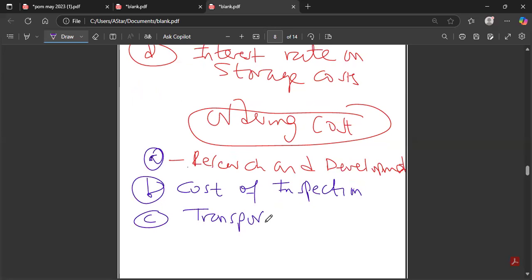Transportation cost or delivery cost is part of ordering, not so?